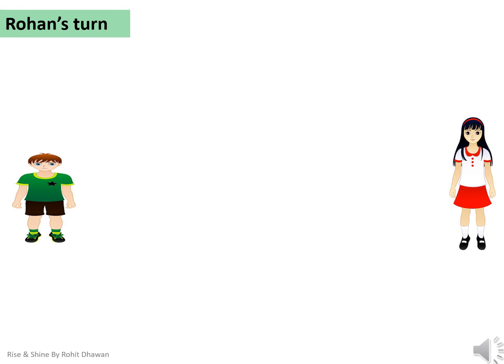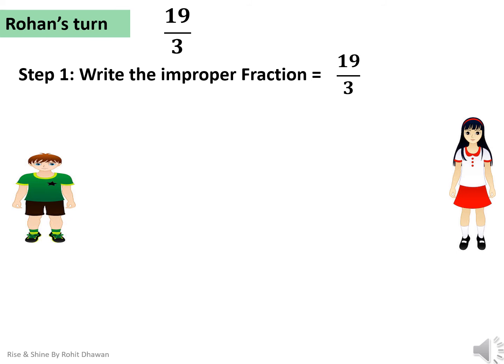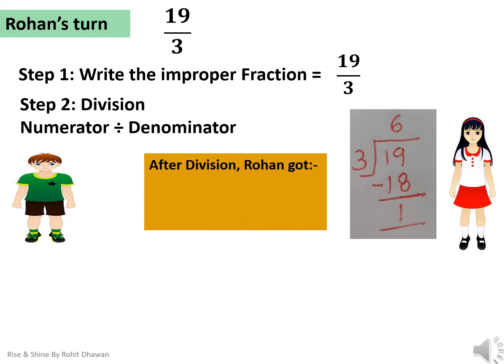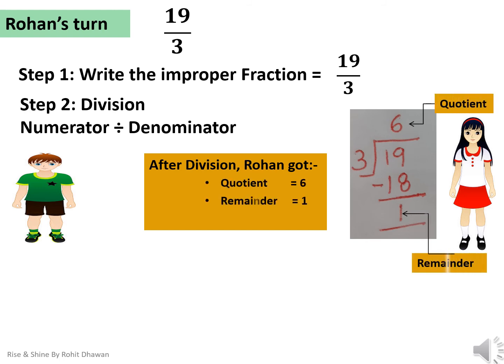Rishita asked Rohan to convert the next improper fraction. This time, she gave him the value 19 by 3. So the improper fraction which Rohan has to convert into a mixed fraction is 19 by 3. After dividing the numerator 19 by the denominator or divisor 3, Rohan got quotient as 6, remainder as 1 and denominator or divisor remained the same as 3.